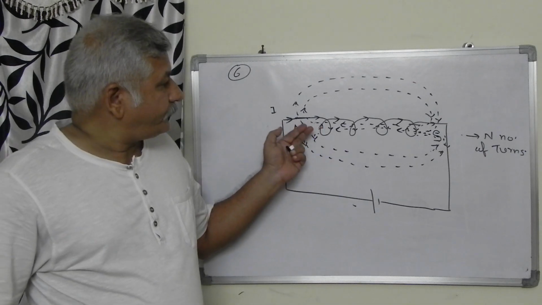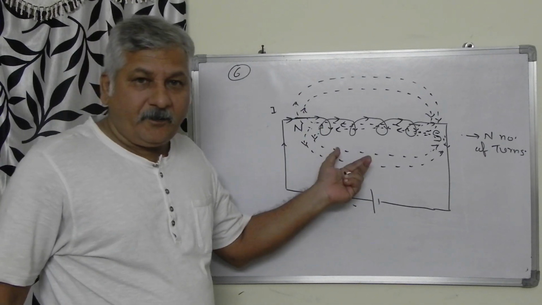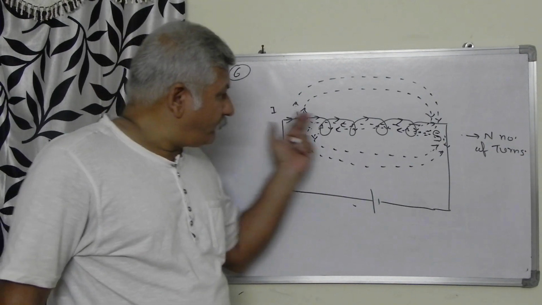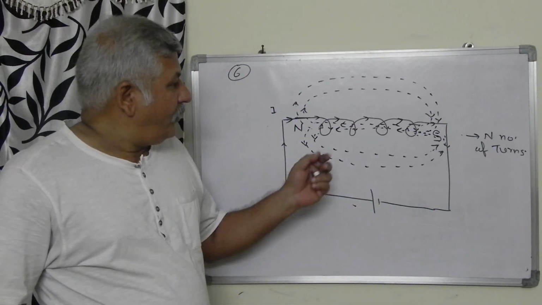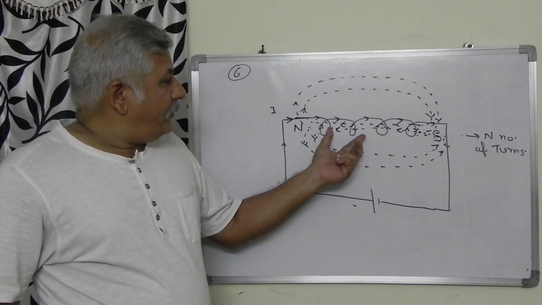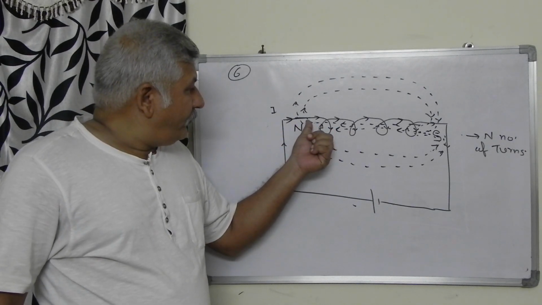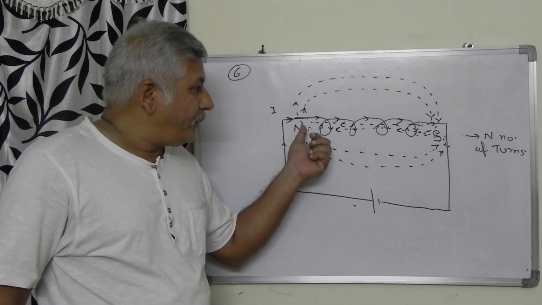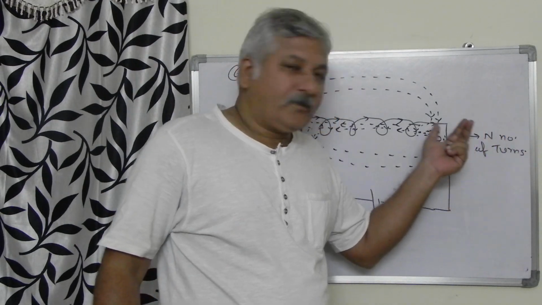So if we take one inductor and we allow current to pass through that inductor, then a magnetic field will be produced. That end of the inductor from which current enters will become the north pole, and the end from where current comes out will become the south pole.